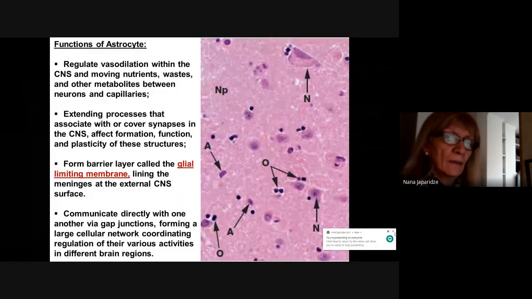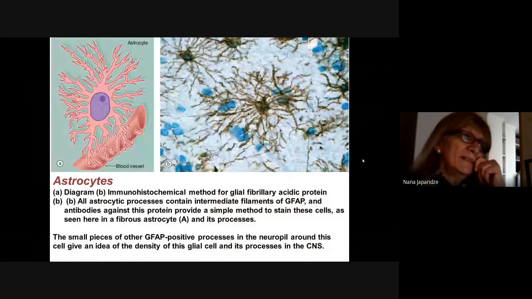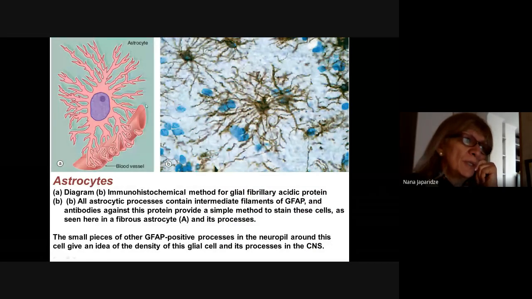Look, here is a schematic image of an astrocyte which participates in the formation of the blood-brain barrier.